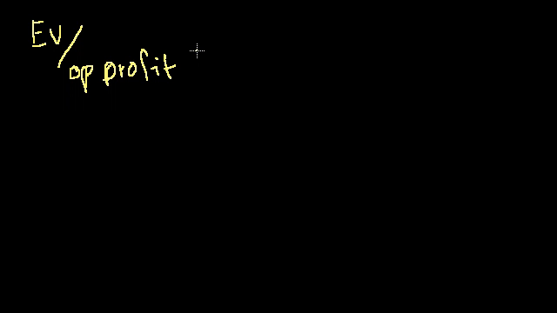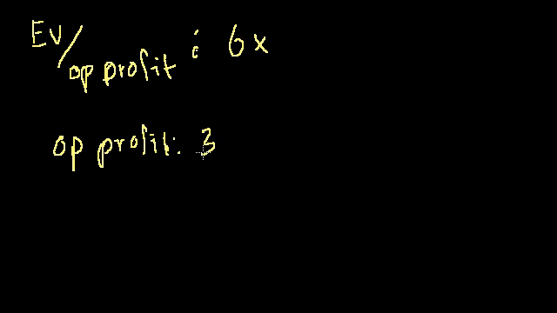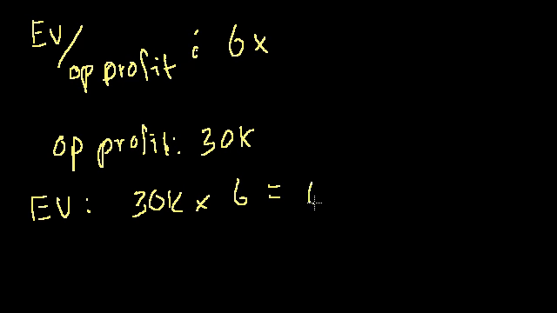Let's say that for this industry it should be 5. Now let me say it should be 6. 6 times is a good multiple. So in both those cases, the operating profit was $30,000. So that means that EV should be $30,000 times 6, which is equal to $180,000.